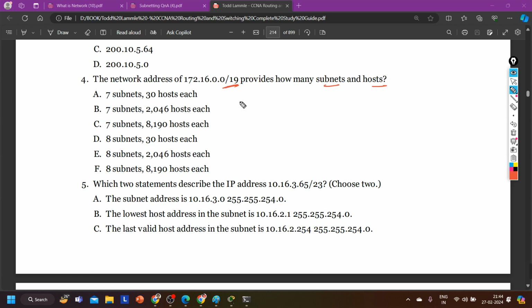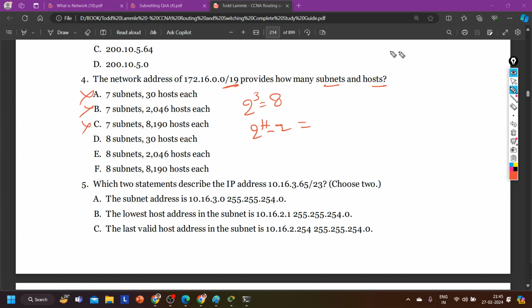How many bits have you borrowed? 3 bits. So the number of networks is going to be 2 to the power 3, which is 8. Means option A is incorrect, option B is incorrect, option C is also incorrect. So out of these three answers, which option is correct? You have to find the valid hosts. The formula to calculate valid hosts is 2 to the power h minus 2.